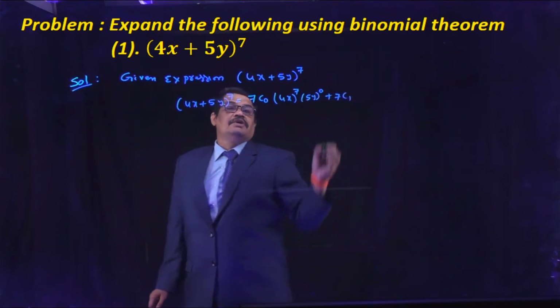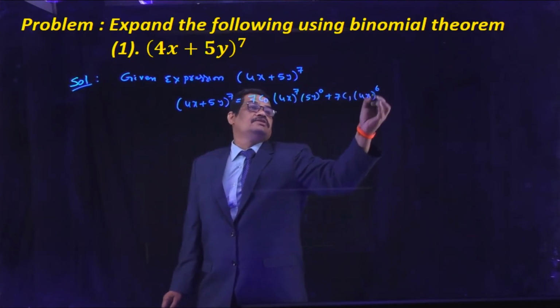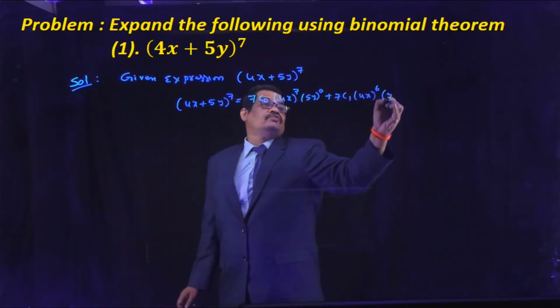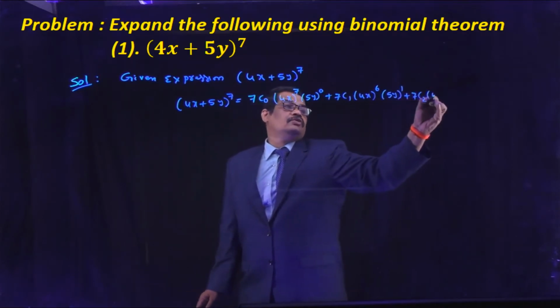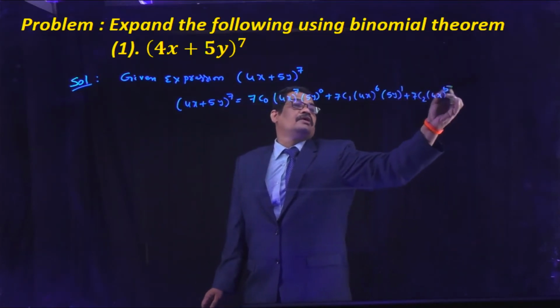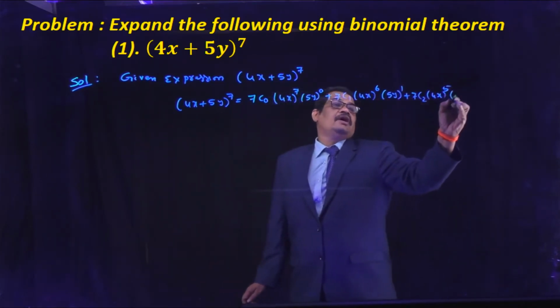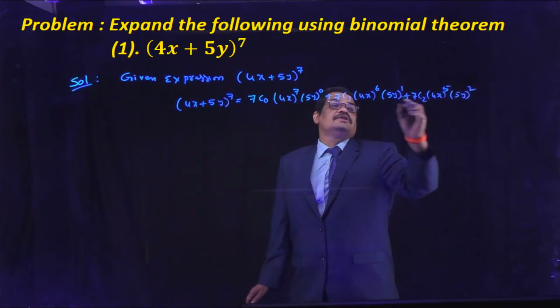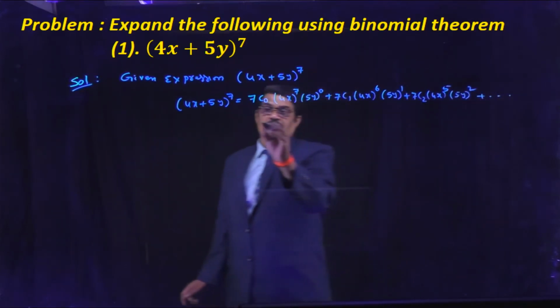Next term, 7 C1, 4x whole power 7 minus 1, that is 6, into 5y whole power 1. Next, 7 C2, 4x whole power 5. The powers of the first term are decreasing, 6, then 5, and the powers of the second term are increasing, 1, then 2, and so on.